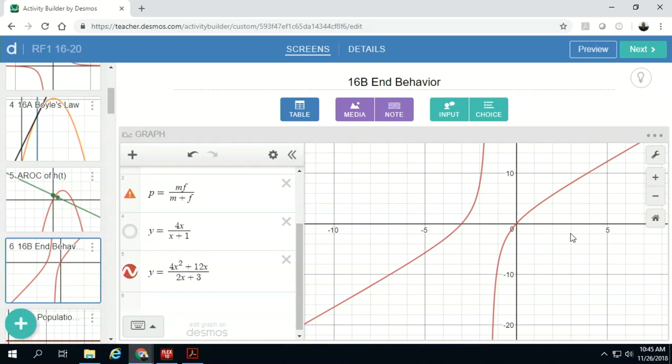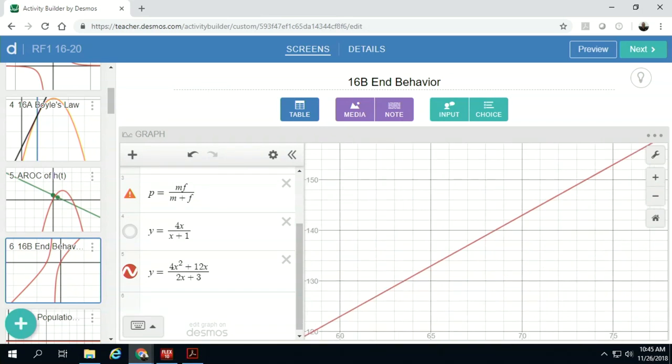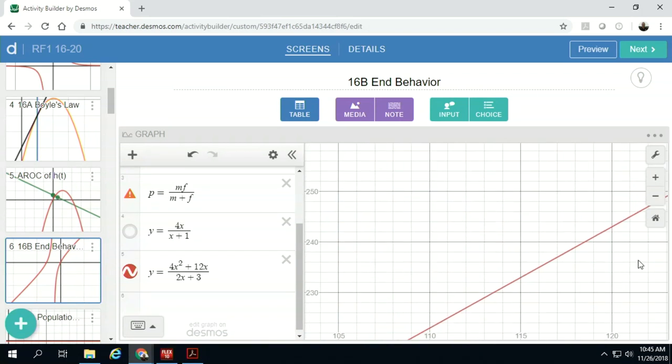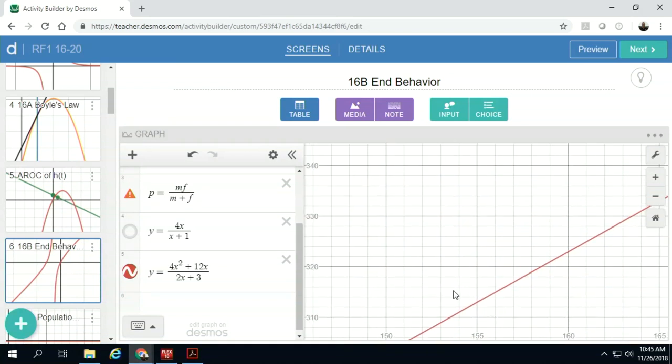But the other thing that you notice is, as you go closer and closer to infinity, what keeps happening to the value of your graph? It keeps getting bigger and bigger and bigger.